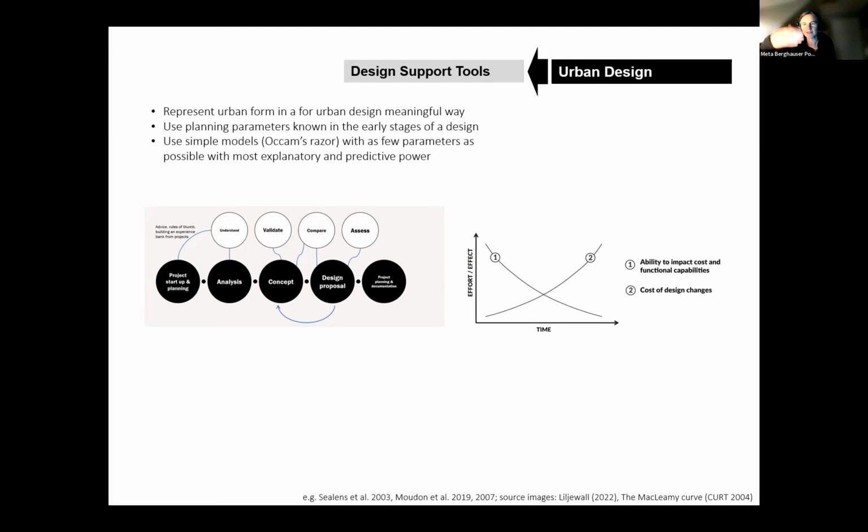Like I showed with the density, you need this more advanced model to really capture the typologies, because then you become meaningful in urban design. Second, use planning parameters that are known in the early stages of a design, because otherwise you cannot predict anything. Third, use simple models, with the fewest parameters having the biggest explanatory power. So instead of having big data, have small data, but still be very predictive.